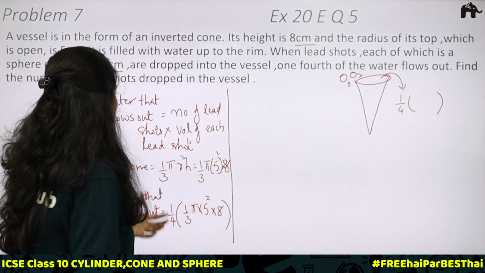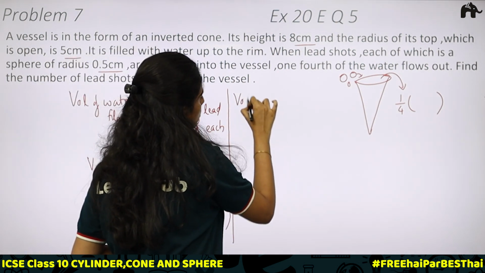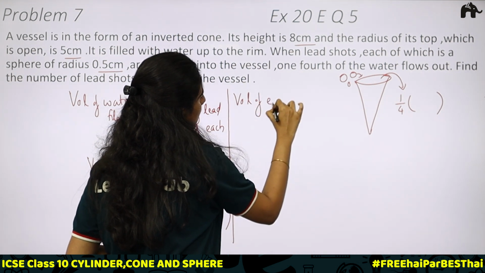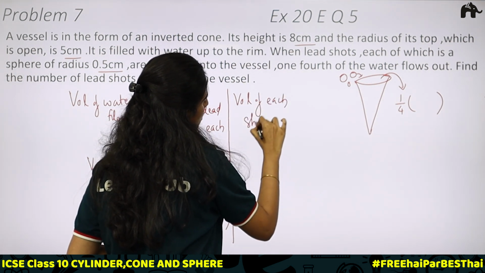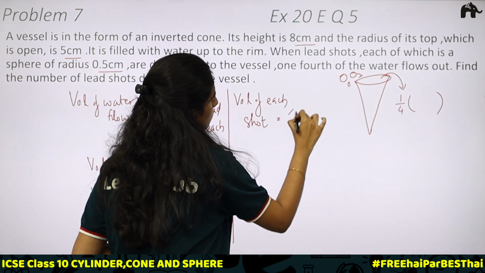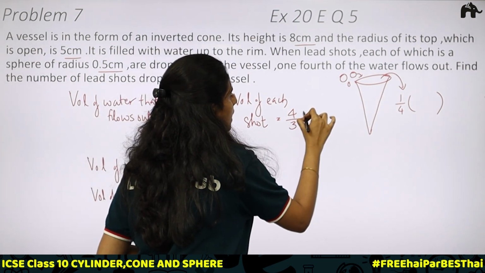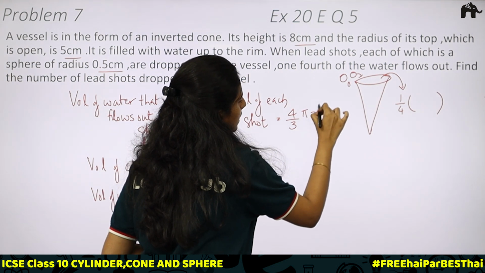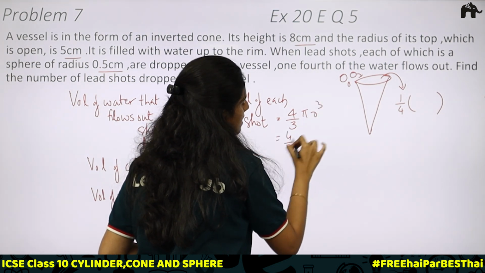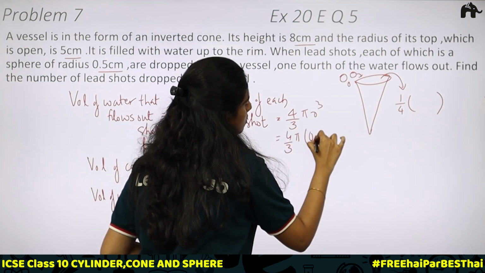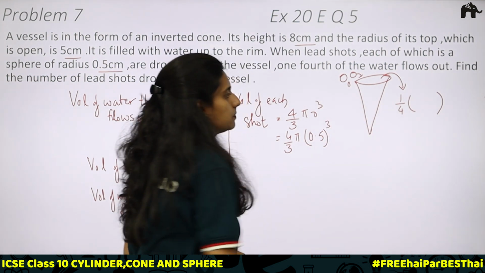Okay. Now, we need the volume of each shot. The volume of each shot will be equal to, each shot is a sphere, therefore 4/3 pi r cube. Here what is the radius of the spheres? 4/3 pi into 0.5 cube.